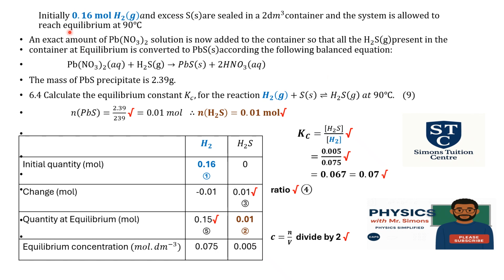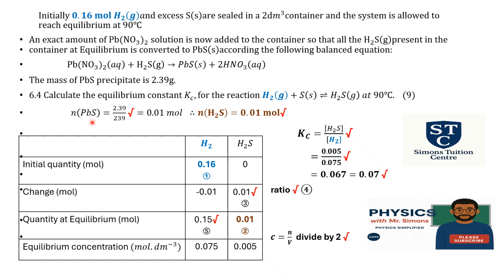So they say initially we had 0.16 moles H2 and an excess of S in a 2 decimeter cubed. So you see here for equilibrium concentration, I'm dividing by that same 2 decimeter cubed. An exact amount of Pb(NO3)2 is now added to the H2S present in a container at equilibrium and is converted to PbS according to the following. So they gave me 2,39.